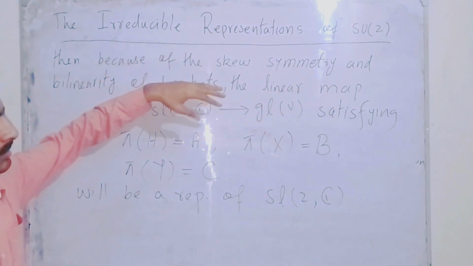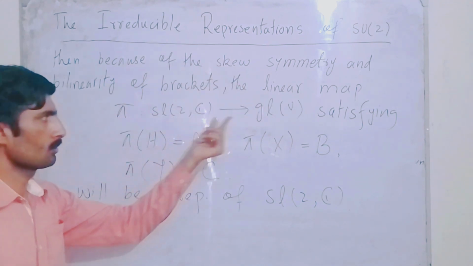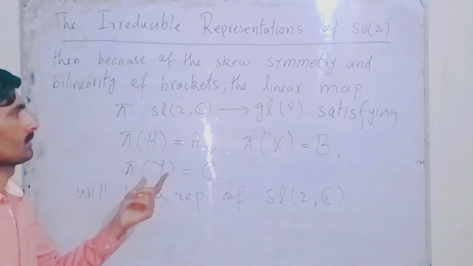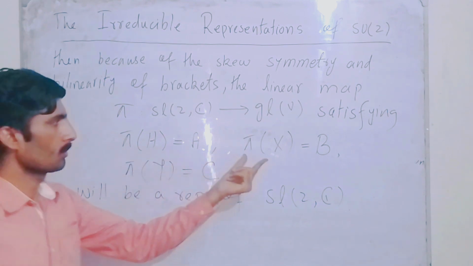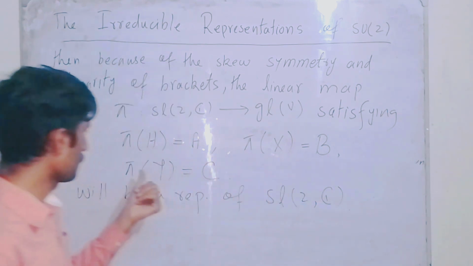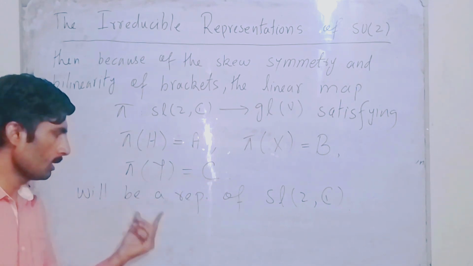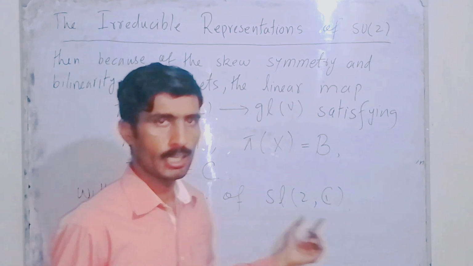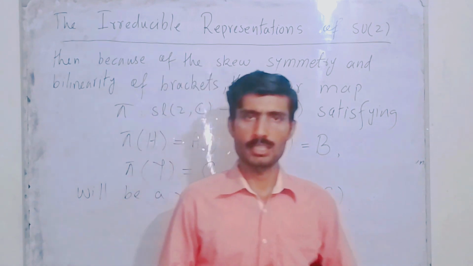The linear map small pi from sl2 over c to GL of V satisfying small pi of h is equal to A, small pi of x is equal to B, and small pi of y is equal to C will be a representation of sl2 over c, right? So this is a representation of sl2 over c, right?